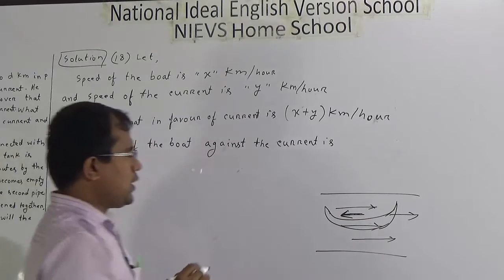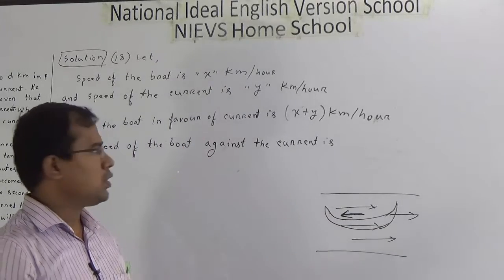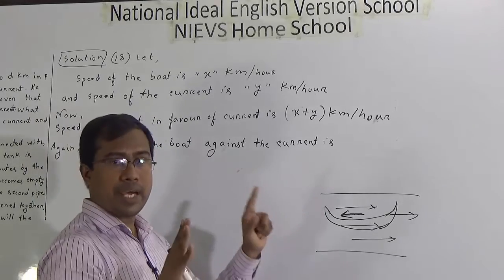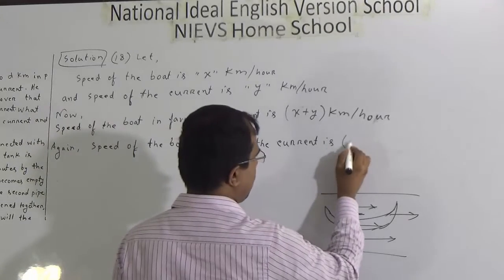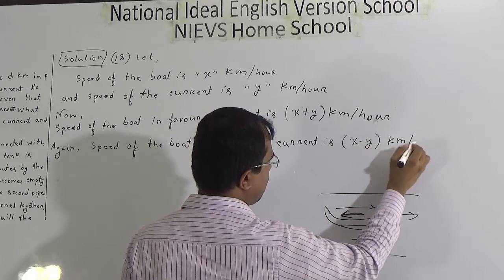Now ultimately, speed of the boat will decrease. Here, speed of the boat against the current will be x minus y kilometer per hour.